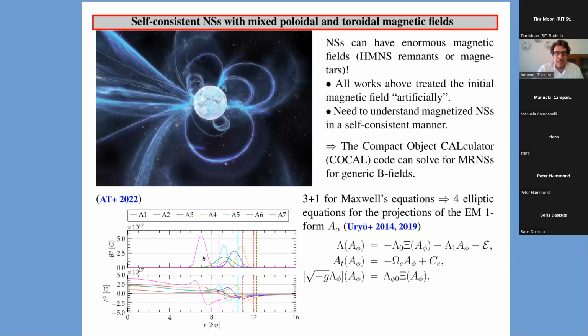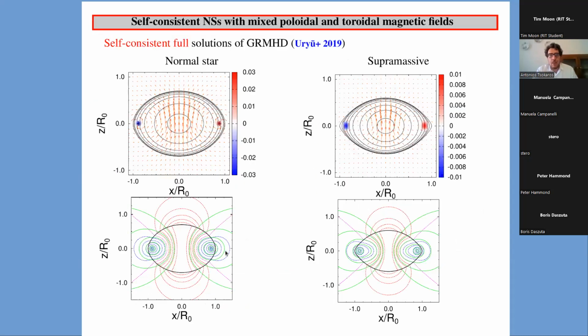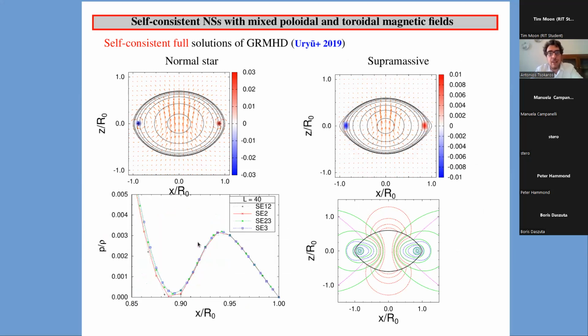So the toroidal magnetic field peaks at its maximum value just below the surface of the neutron star. And also you can see here the surfaces of the electromagnetic vector components A_t and A_phi.